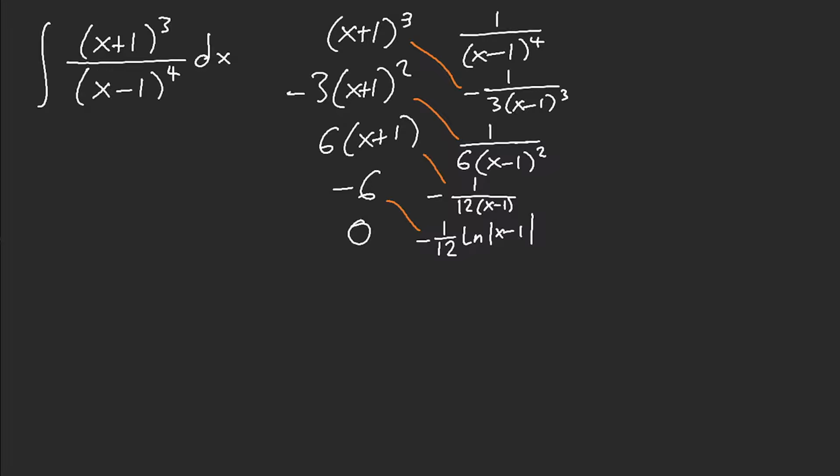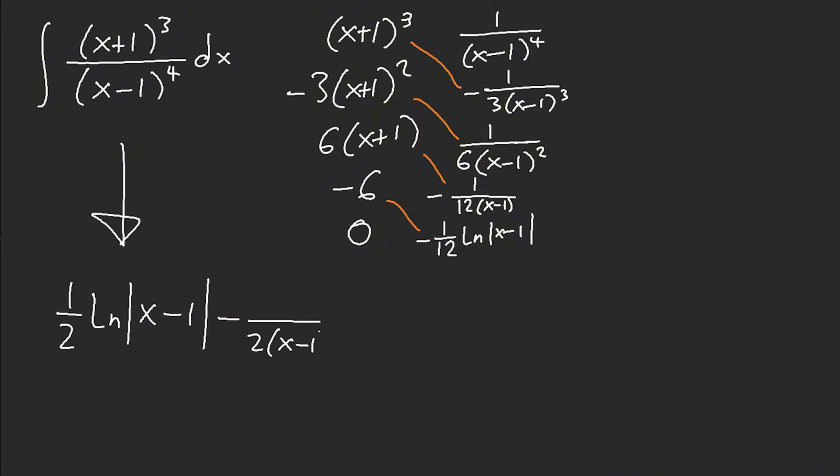But anyways, it turned out nicely, so we just have a very, very long answer. So let's do this first because it's positive. We get a half of ln of x minus 1, and then minus a half of x minus 1 at the bottom, x plus 1 at the top.